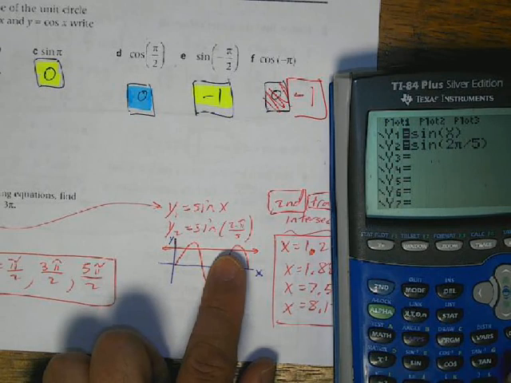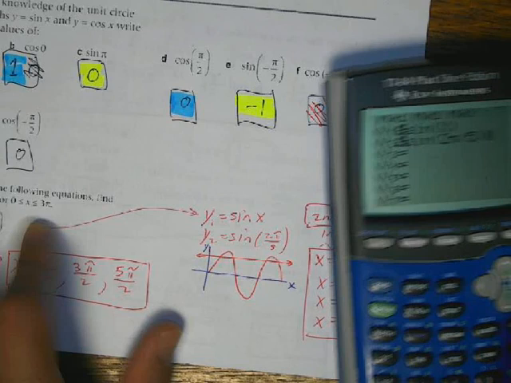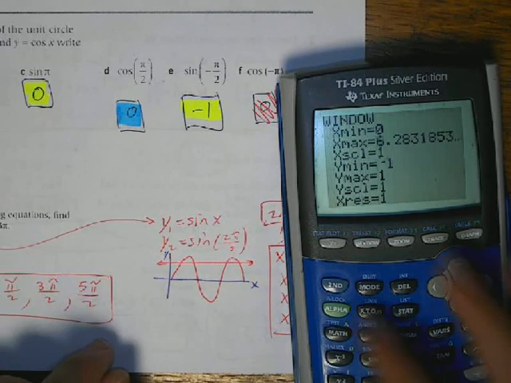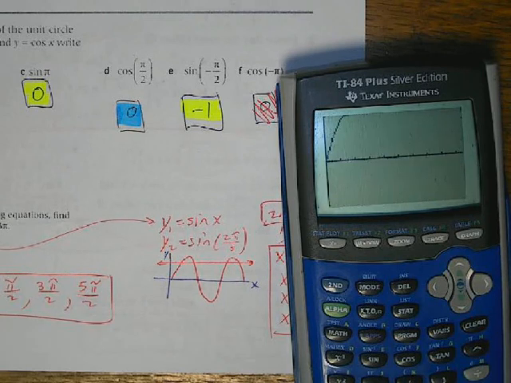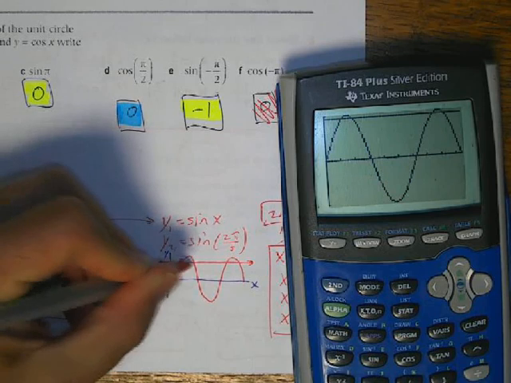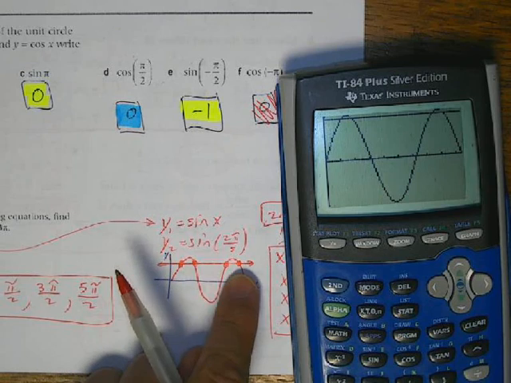Okay, now we've got to make sure we got the window. It says from 0 to 3 pi. So I go to window, I change this to 3 pi, and then I can graph. And then I can figure out the intersections just like we did on the previous problem, and there are 4 intersections.